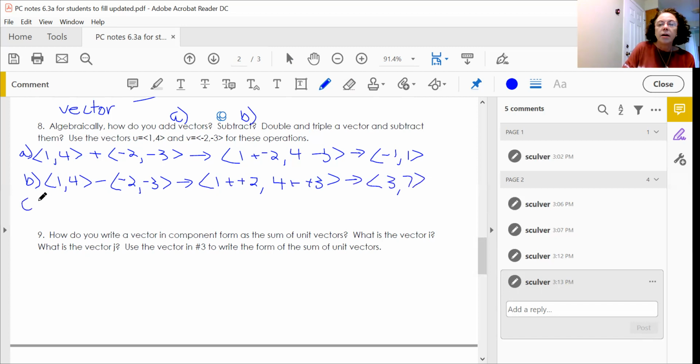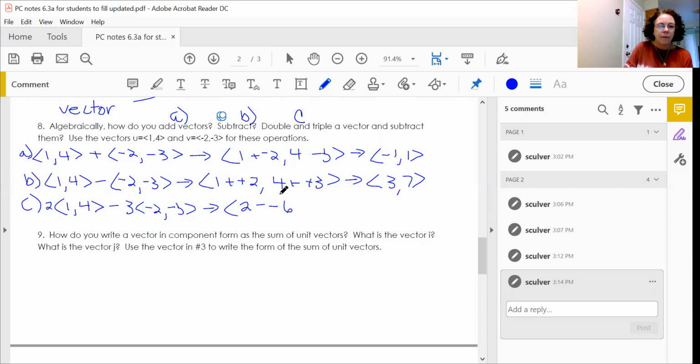How do we double a vector and triple a vector and subtract them? So let's do 2 times 1, 4 minus 3 times vector -2, -3. We are simply going to do 2 times 1 minus 3 times -2.